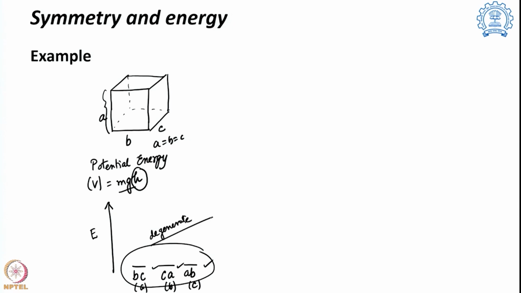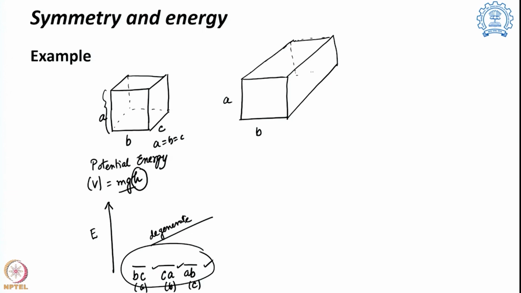Okay. Now say I am taking case number 2, where I take a similar system where A and B remain the same, but I change C, making it a bit longer. This is my C. Here A equals B, but they are less than C, and C is much higher. Now if I want to plot the energy, what will happen?